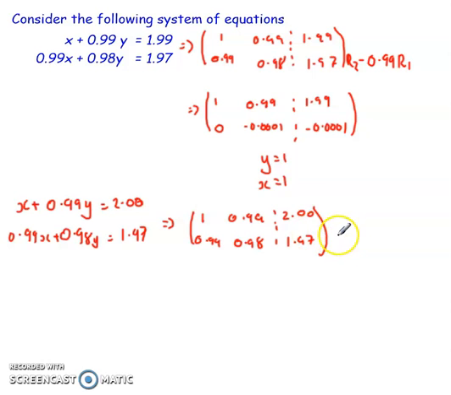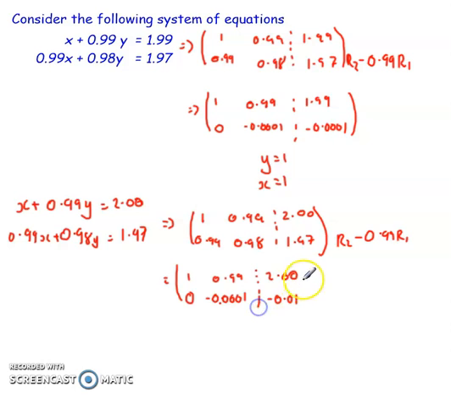So I'm going to do the exact same operation, do row 2 take away 0.99 row 1. What that's going to do this time is give me a system that looks 1, 0.99, 2.00. I'm then going to have 0 here, negative 0.0001, and this time I'm going to get negative 0.01 in this case.